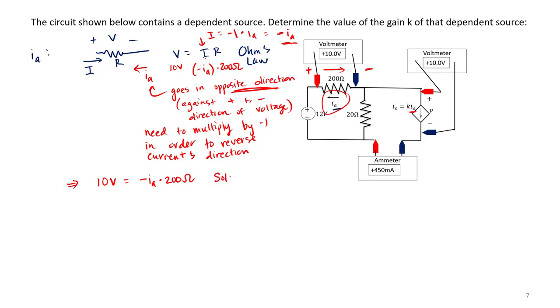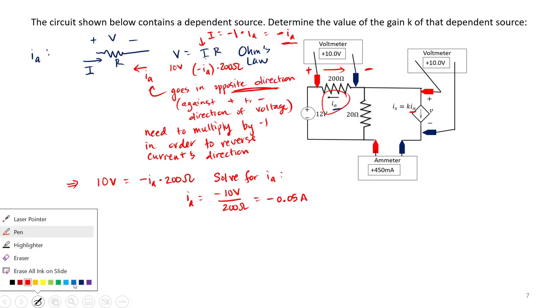Solving for I sub A, we determine that I sub A is equal to negative 10 volts divided by 200 ohms, or negative 0.05 amperes. So we have our I sub A.